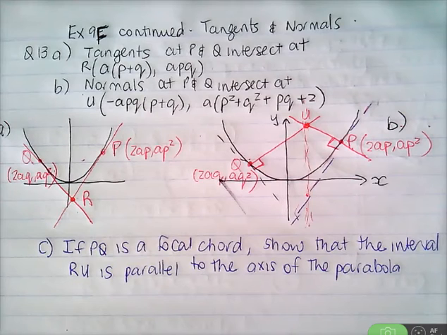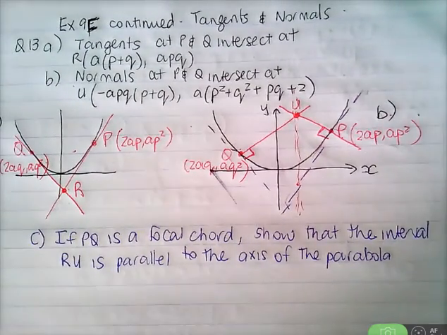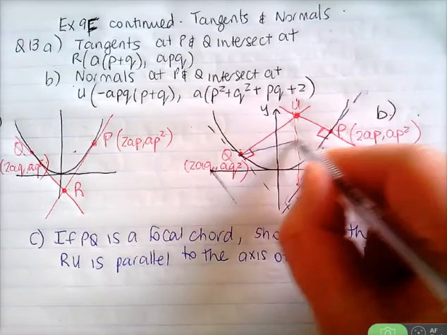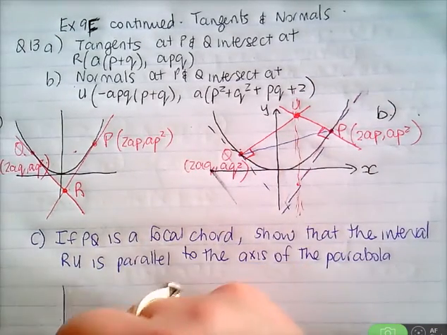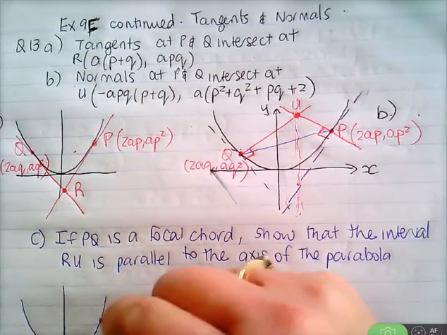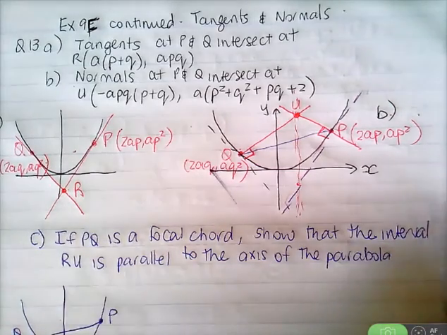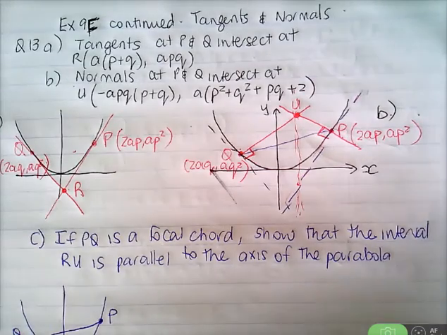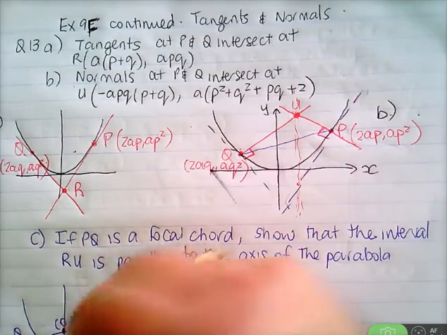All right, if PQ is a focal chord, what do you think we should be doing? They're talking about PQ. Now, I'm going to join PQ. If PQ is a focal chord, what does a focal chord do? When we did all those focal chord questions last exercise, you have to find the equation of PQ, not the distance, the equation of PQ, and because it's a focal chord, it passes through (0, a).